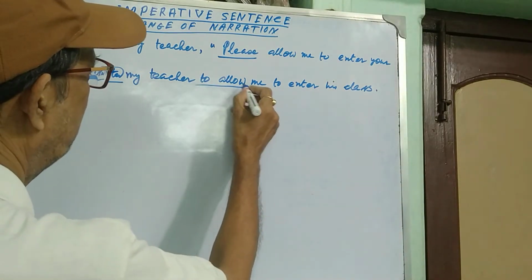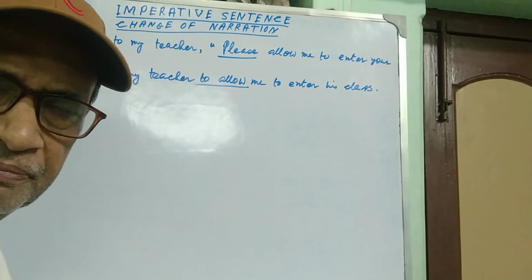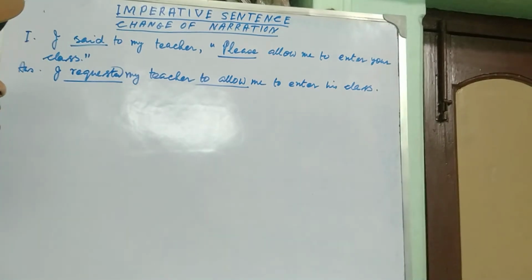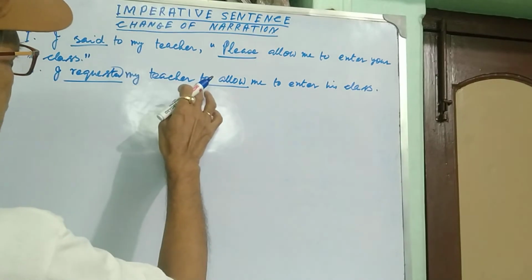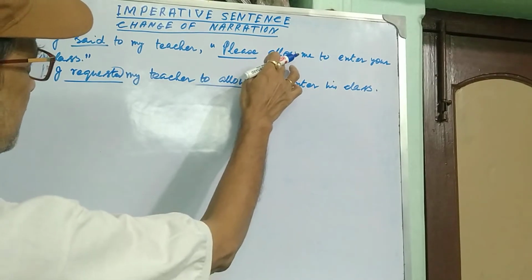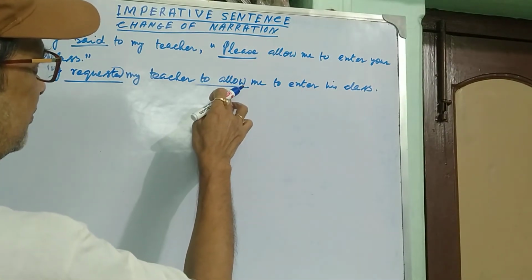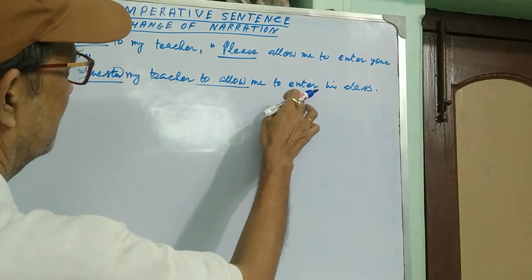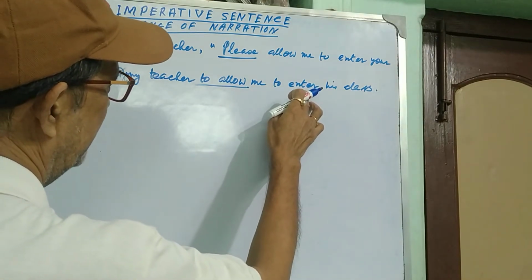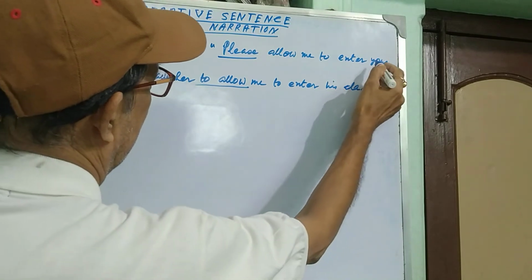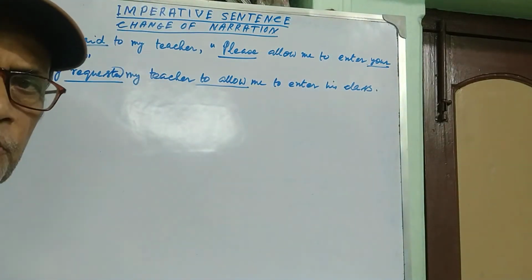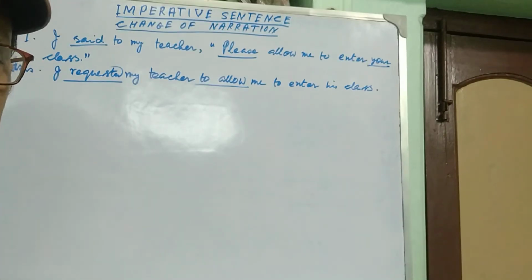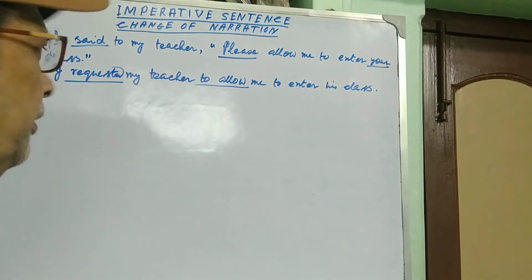To plus the present form of the verb is the infinitive, and to allow means to plus present form of the verb, plus to enter his class. "Your class" means that teacher's class. So "his" is a pronoun.